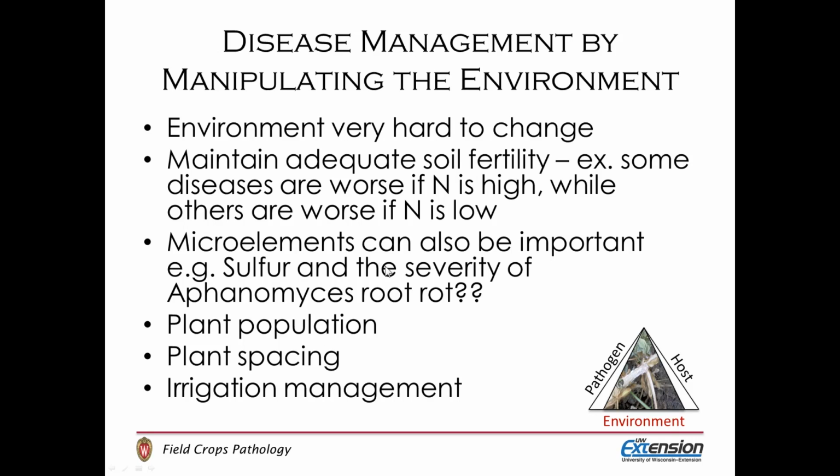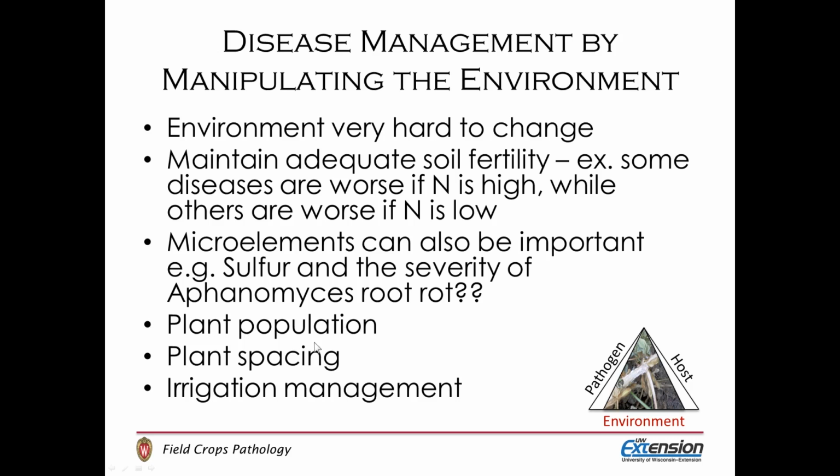We also want to look at all the micronutrients and make sure that we have micronutrients in balance. So certain diseases can be worse again when plants are under stress or lacking some sort of micronutrient or essential nutrient such as nitrogen. So make sure those things are in balance before you start to develop your management plan even further. Also, plant population can be important.